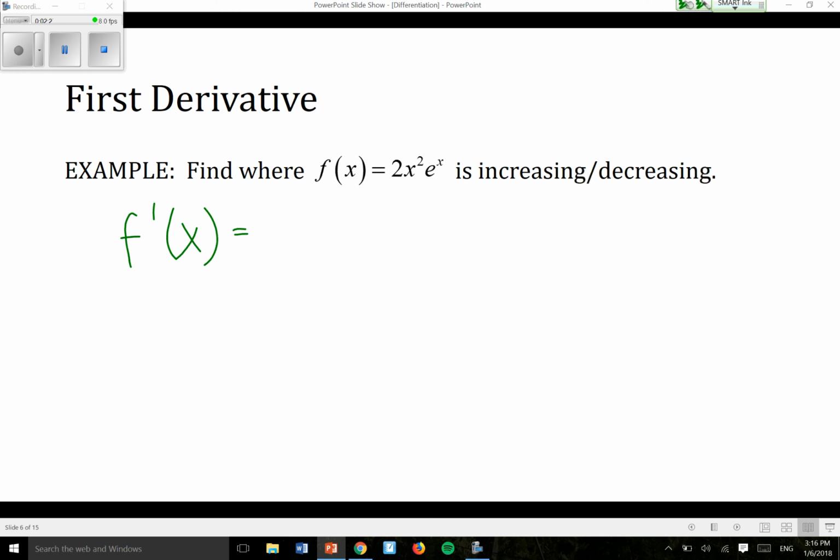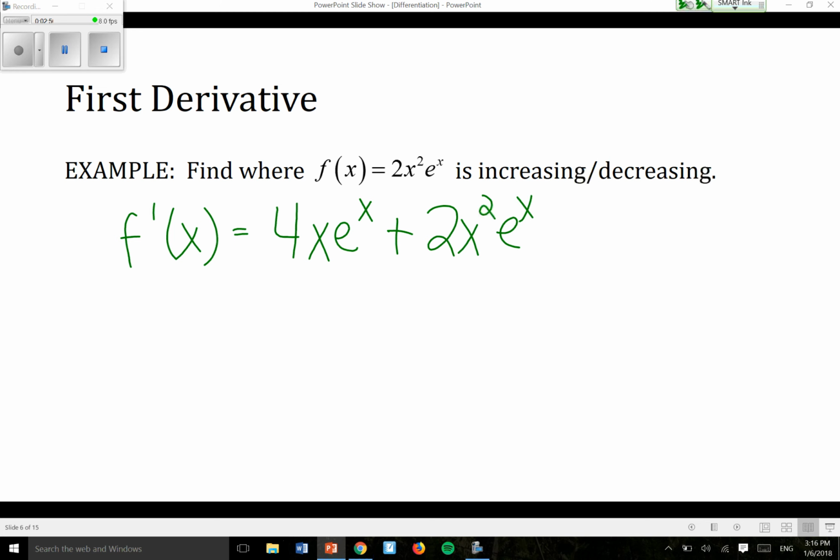I'll start by differentiating my first function, 2x squared. That derivative is 4x, and then e to the x stays unchanged. Then I add my first function unchanged, 2x squared, and then multiply by the derivative of e to the x, which we know is just e to the x.